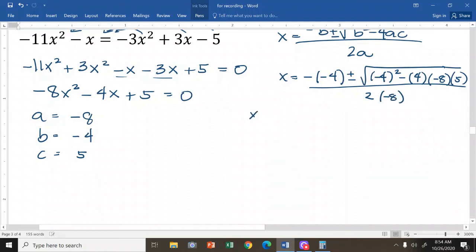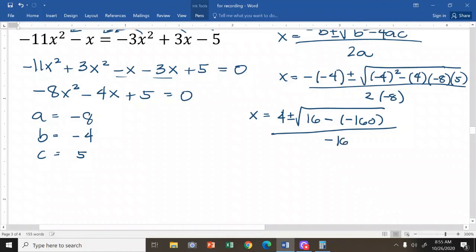Okay, so simplify natin further. So, meron tayong positive 4 plus minus square root of 16. For negative 4 squared is 16. And then, meron tayong negative minus. So, itong 4 times negative 8 times 5 is negative 160. And over 2 times negative 8 is negative 16.